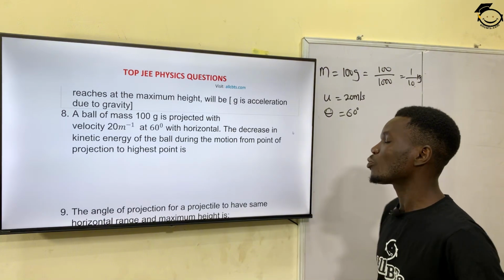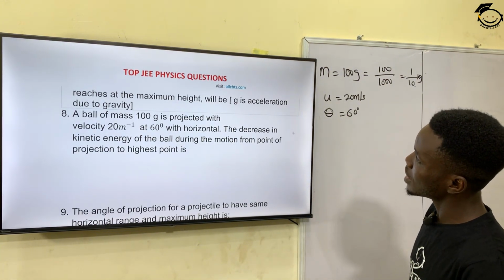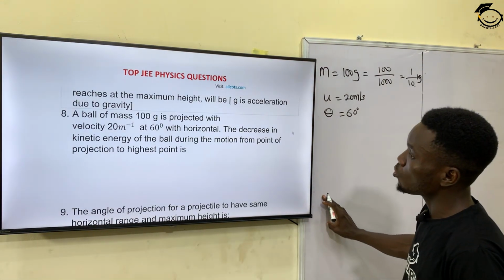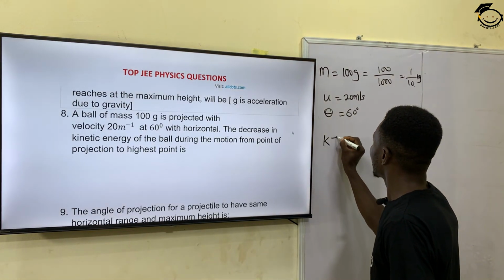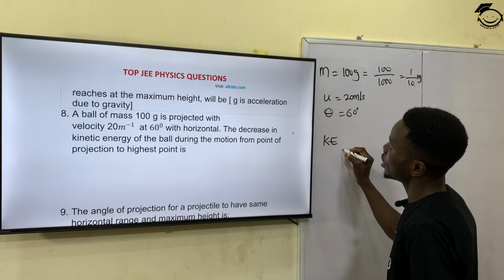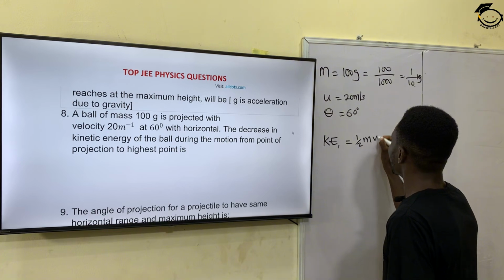kinetic energy from the point of projection and the kinetic energy at the highest point, which is maximum height. So the first thing I have to find is the kinetic energy from the point of projection. And my KE from the point of projection, let's say KE1, is supposed to give me half mv squared.